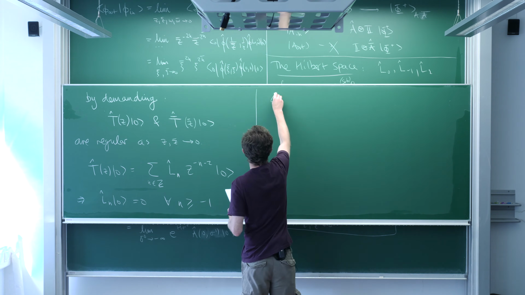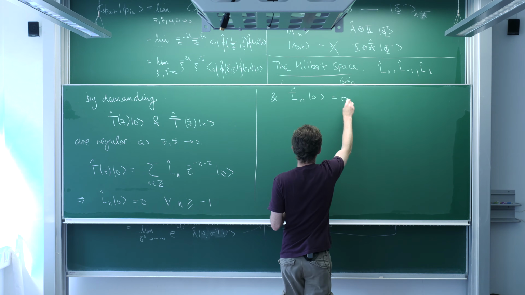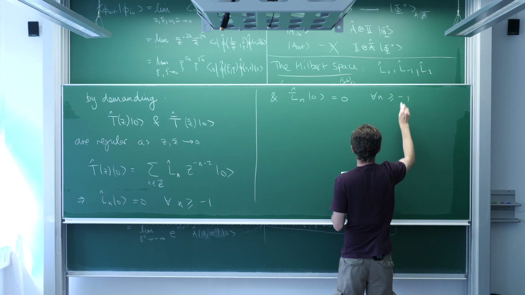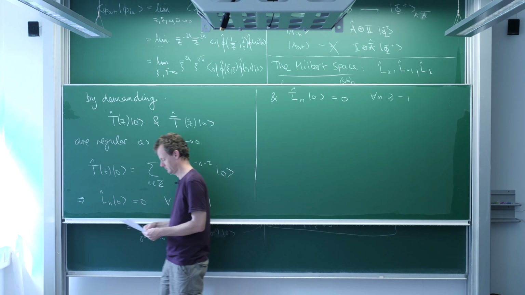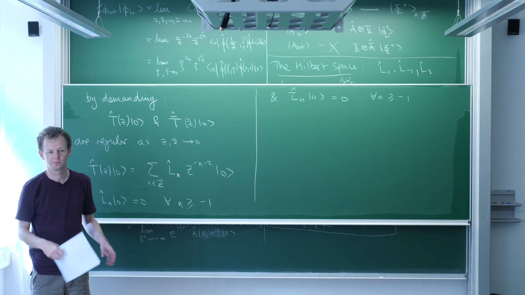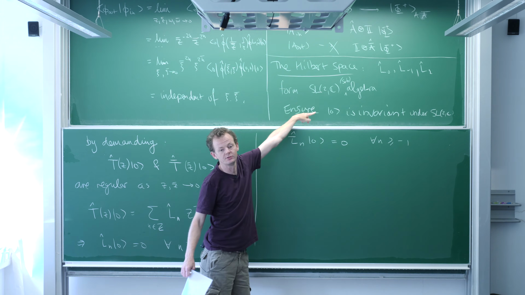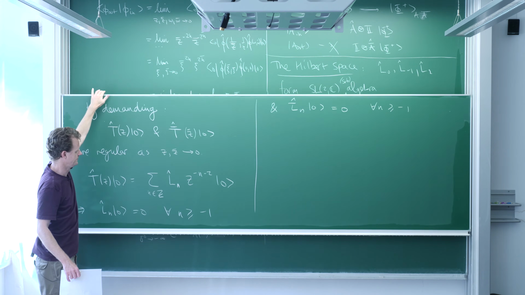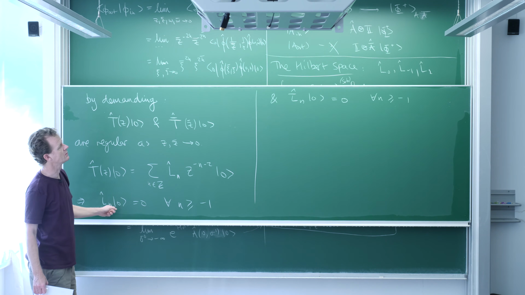And similarly, we got a lot more than just SL2C invariance, right? We've got that the ground state is annihilated not only by L minus 1, L naught, and L1.